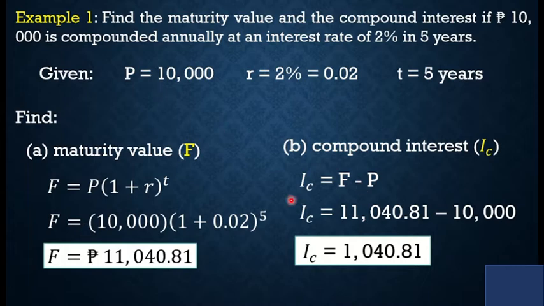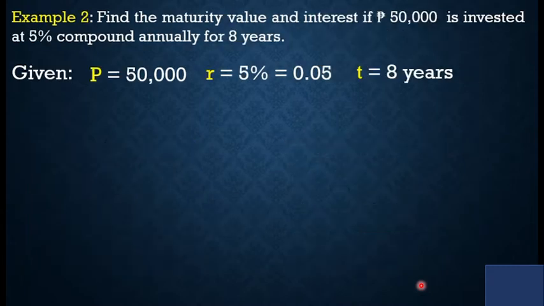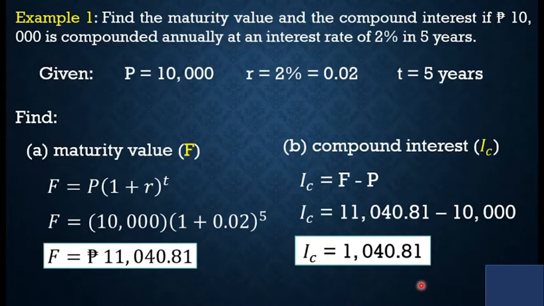So, the compound interest is 11,040.81 pesos minus 10,000, which is 1,040.81. That is its compound interest. Okay? Proceed. So earlier, to find the compound interest, we use the future value of 11,040.81 in the formula.